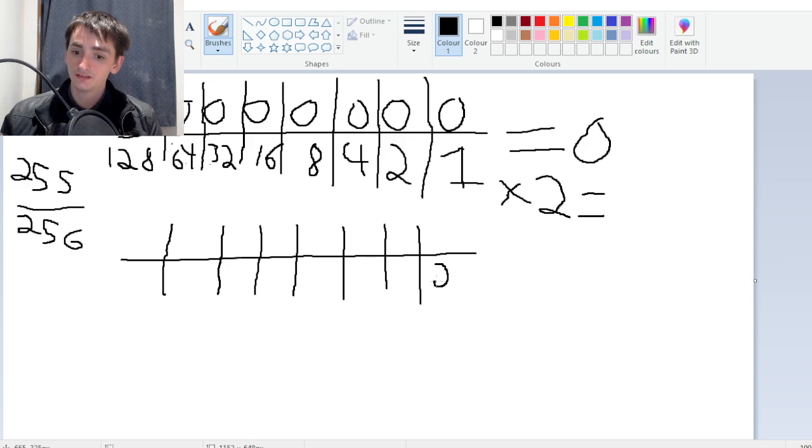So 256 as a potential option, times that by 2, 512. You start seeing these numbers come up a lot using the base 2 system. Times that by 2, 1024. Times that by 2, 2048. Times that by 2. You can see this is getting massive now. 4096.